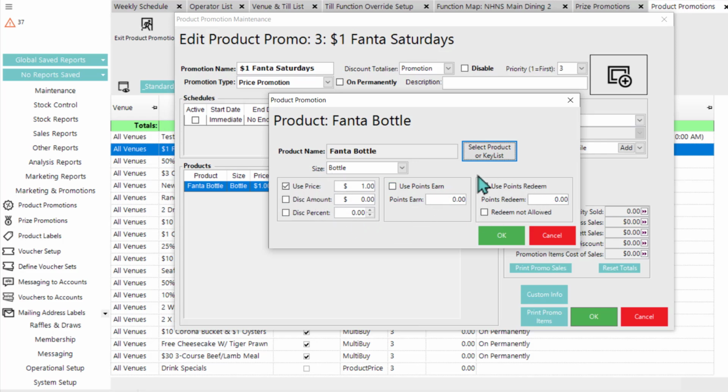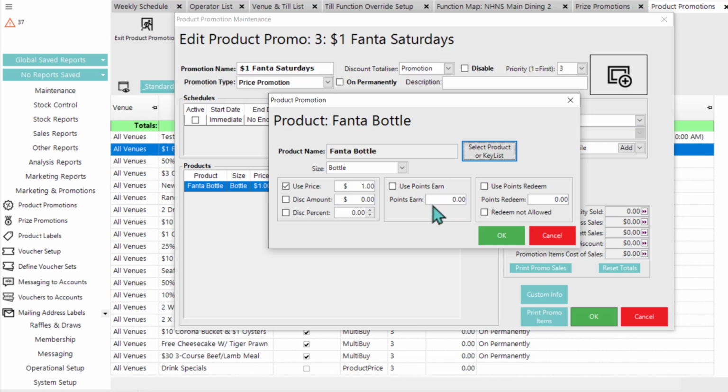We could just implement these point settings here, but we can set them so that accounts will earn points when a matching product is purchased. So we would just need to turn on this use points earn flag here and then enter the amount of points to be earned in the field below that.